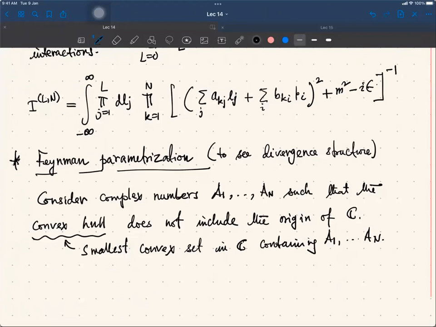The meaning of convex set is that the line connecting any 2 points in this set passes through the set. So a convex set corresponding to A1 to AN is a set such that if you connect 2 of these points, then that connecting line will stay within that set.